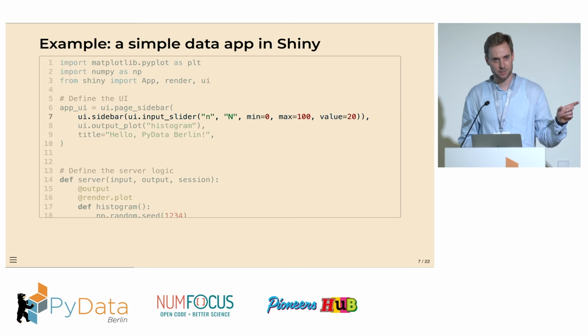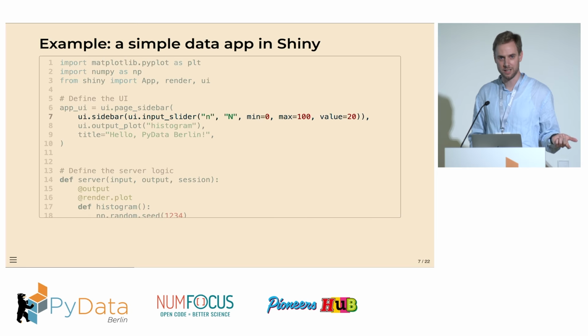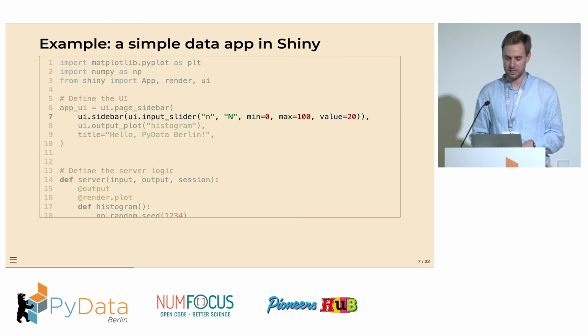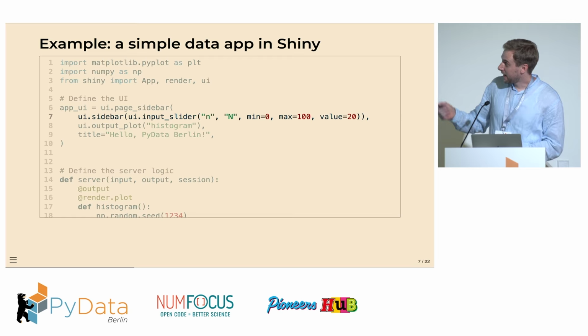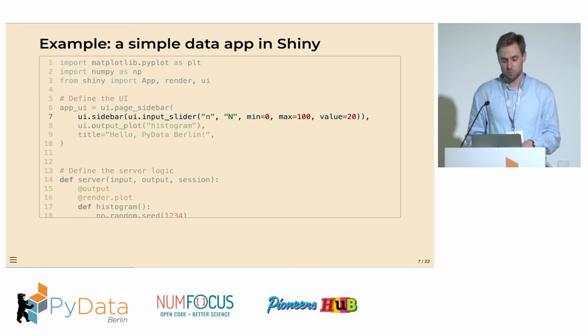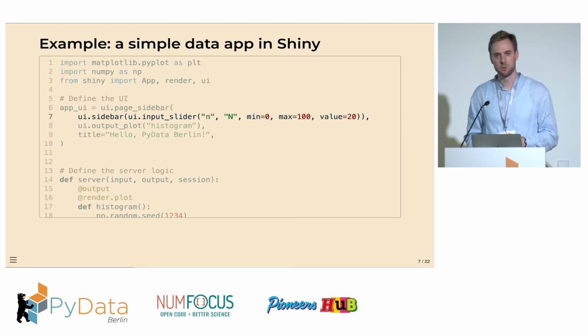They even have a chat interface if you want to build an LLM into your Shiny app. And in the slider, I would just define what the slider is called and the name of the object, and minimum, maximum, and the starting value.